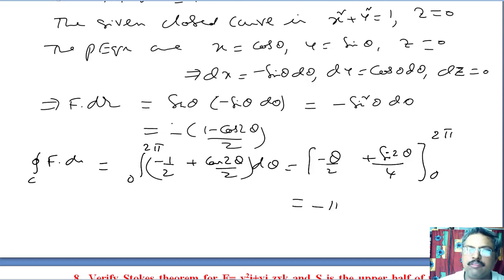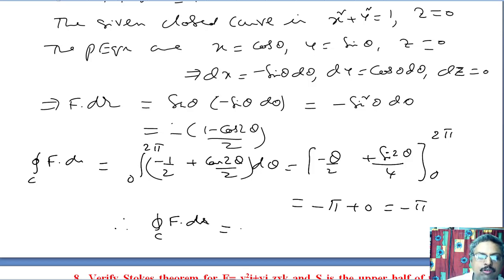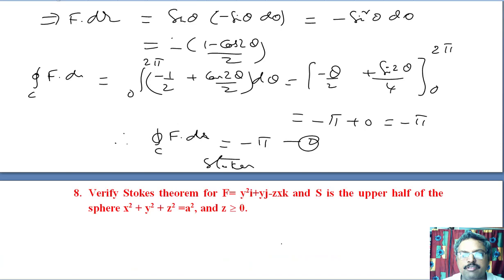If you put theta equals 2 pi, we get minus pi plus 0, so the answer is minus pi. Then the integral of f dot dr over the closed curve C equals minus pi. So from 1 and 2, Stokes theorem is verified.